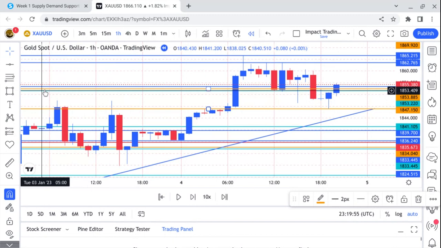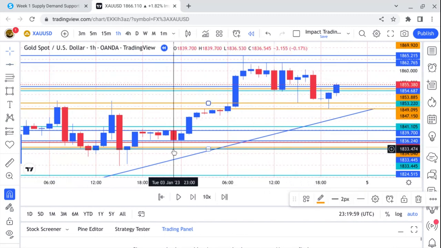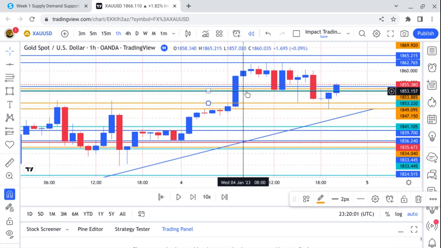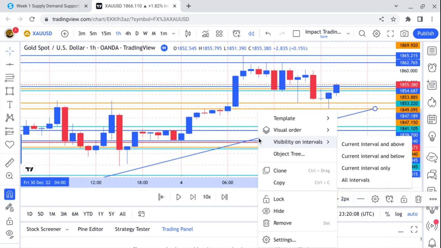Now these two lines that are being drawn right now were already drawn for the previous month. All right, so let's look at the trading day. We have a continuation.